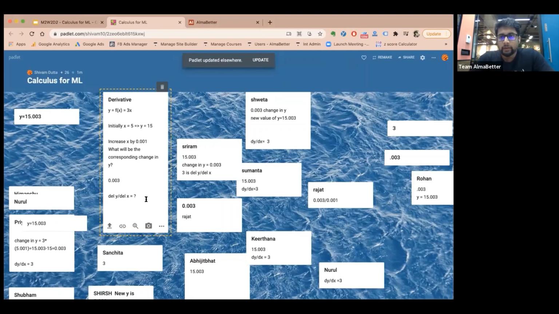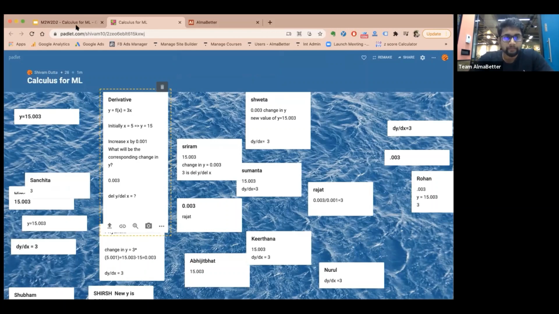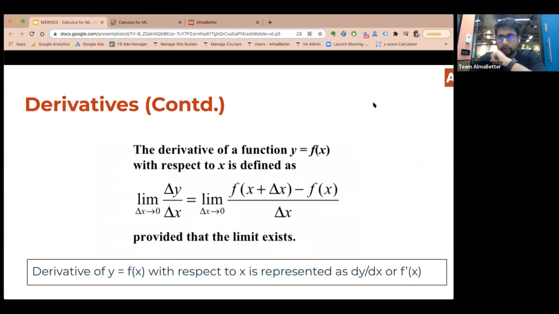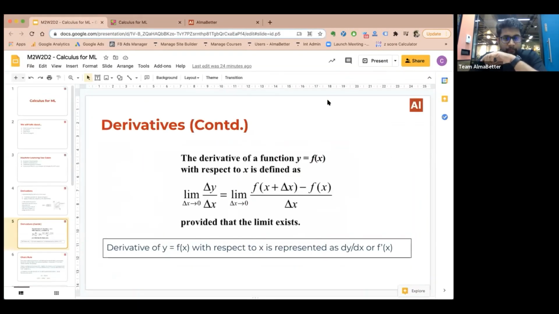Then the question will be, if you change x by a certain amount, what will be the change in y, given that the other variables are constant, given that z is constant, right? So this is how we will look at the derivative part. Okay, so let's move on to the next concept, which is the chain rule.